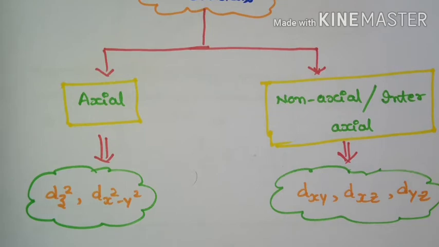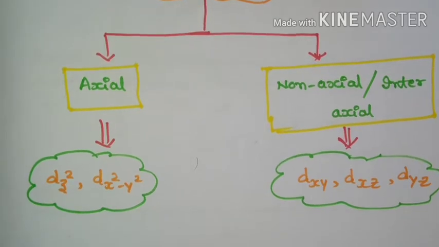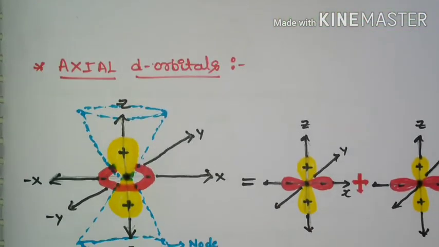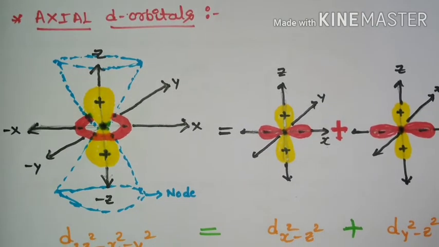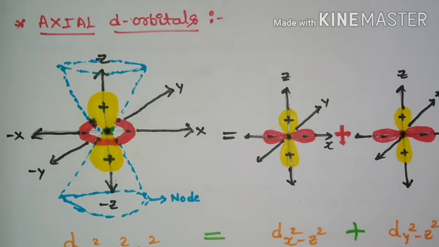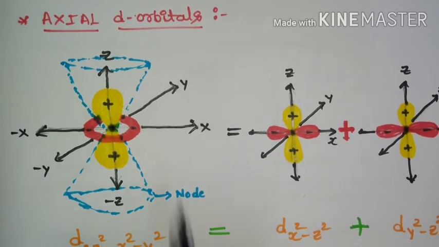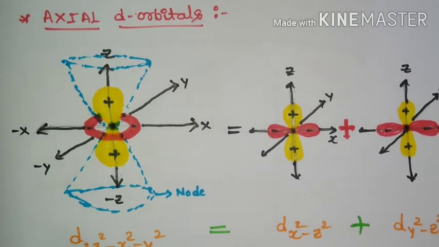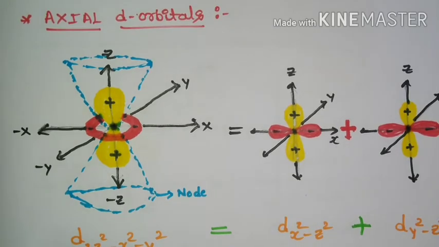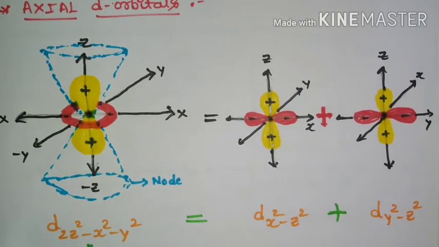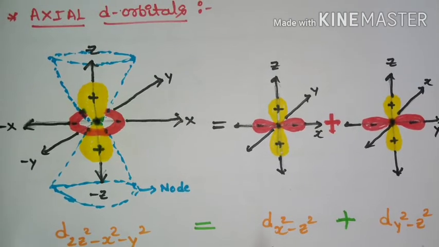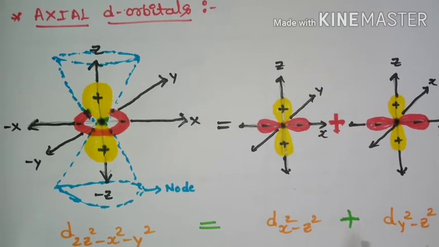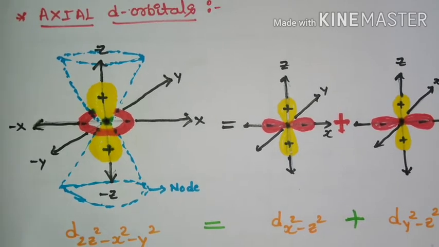Now if you see the shape of axial d orbitals, first I am going to discuss the dz square orbital, which is an axial d orbital. This is the shape of dz square, and this orbital is obtained by overlap of two orbitals, that is dx square minus z square and dy square minus z square.